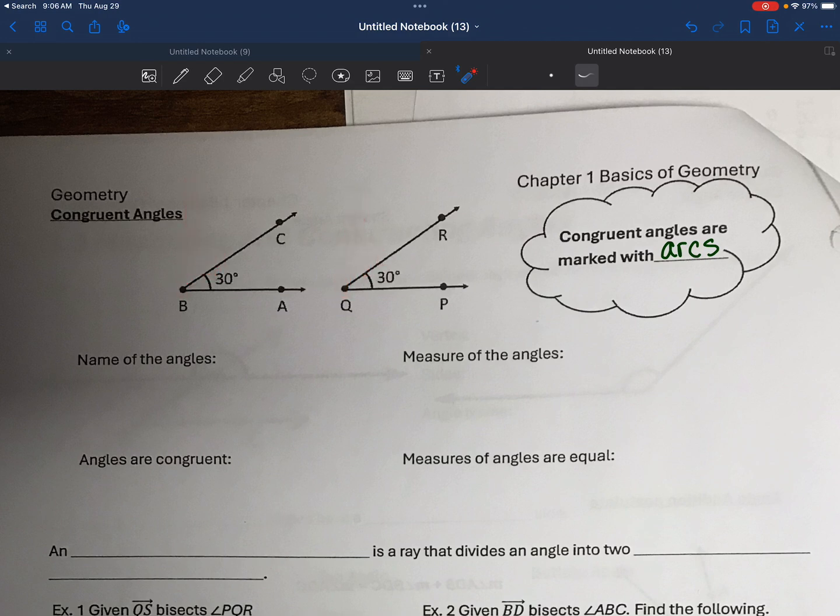Or they'll use a double arc. If I have two angles here and they want to show both those are congruent, sometimes they'll put double arcs on there instead. Okay, so if they just have this arc here, that means CBA is congruent to RQP.